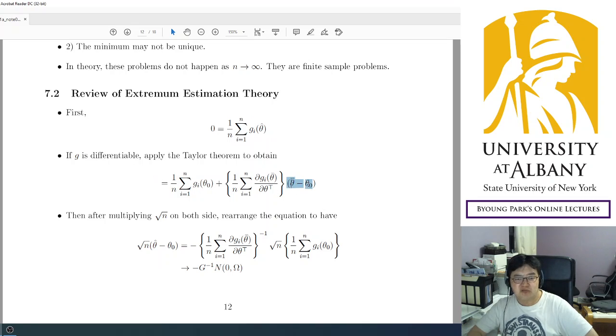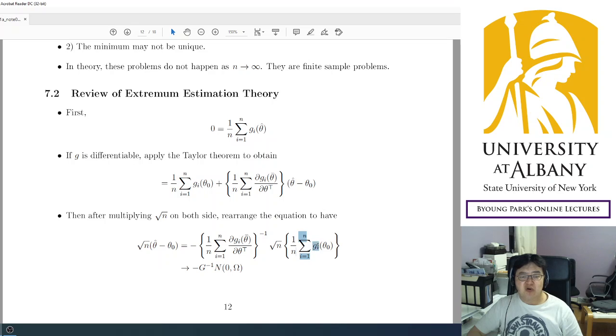So the purpose of doing this is we need this part. And we use the intermediate value theta bar. Then, because we are interested in this part, rearranging the terms, we get square root n times the estimation error can be written as something inverse times square root n something.